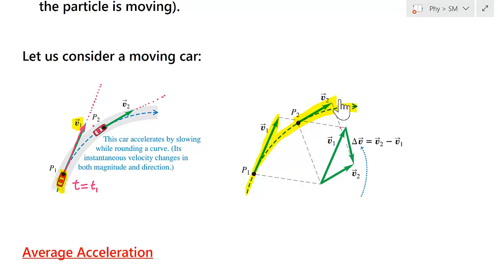Now if you remember, there is a rule that you can translate or freely move a vector parallel to its initial position. So this is the initial vector v1, and we are basically translating this vector v1. So this is v1 after the translation.